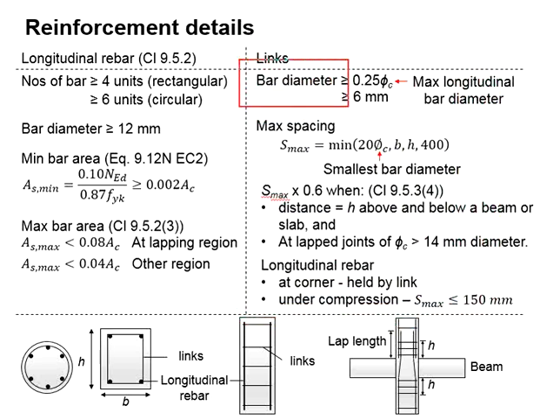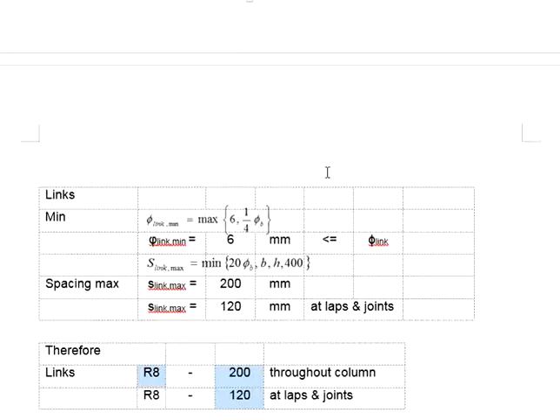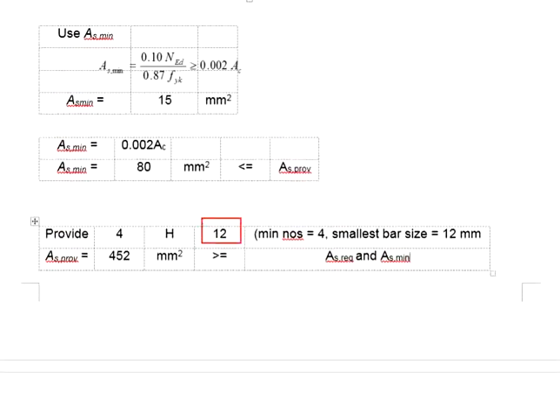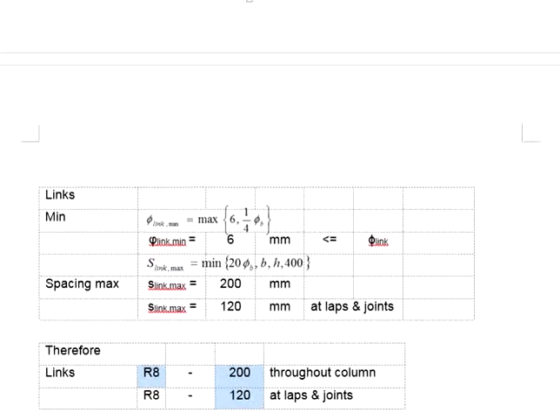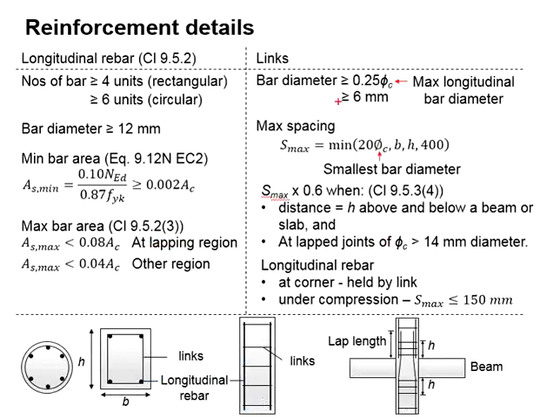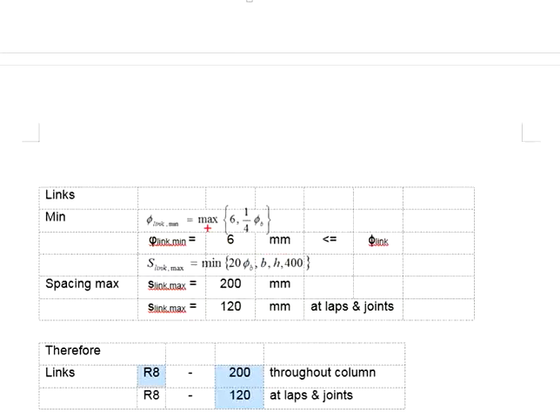The bar diameter of the shear link shall be at least 1/4 of the main reinforcement bar, or at least 6 mm. Now the main reinforcement bar provided is 12 mm. Divided by 4, you get 3 mm. The minimum bar size will be 6 mm. Therefore, you may choose to use mild steel 6 mm.